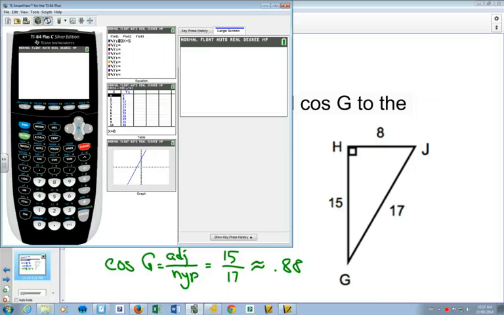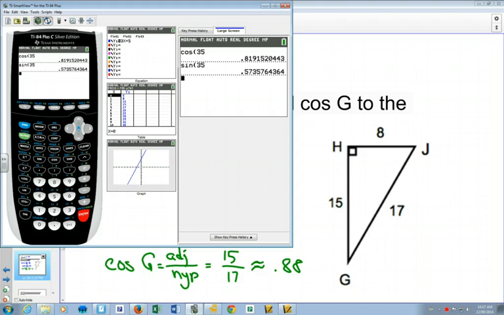Okay. So what we're going to try now is we're going to see what cos of 35 is and see how close it is to 0.88. And we're going to try sine of 35 and see how close it was to, what was it, 0.47? Was that the number that we had? I can't see mine. So we got 0.81 and 0.57.